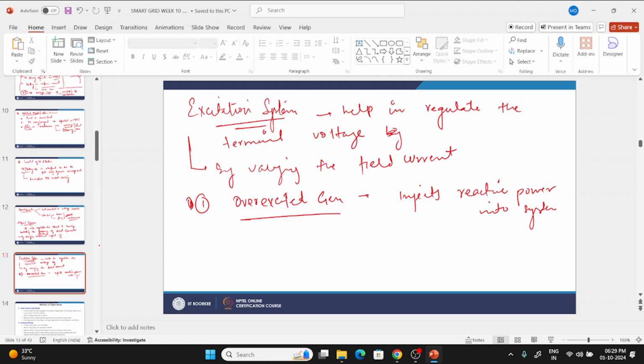Then comes another type, which is under-excited. What happens in this? The diesel generator absorbs reactive power from the system or the network.